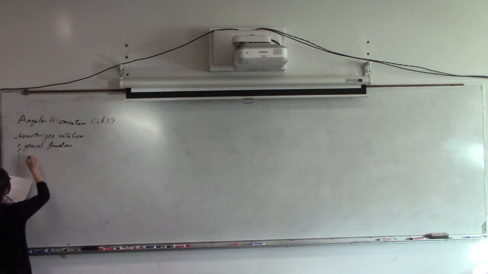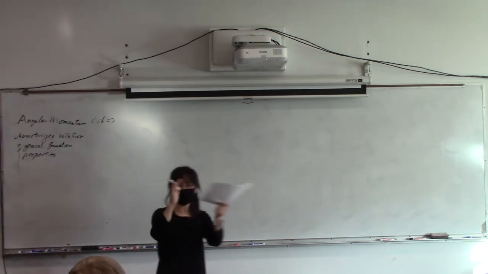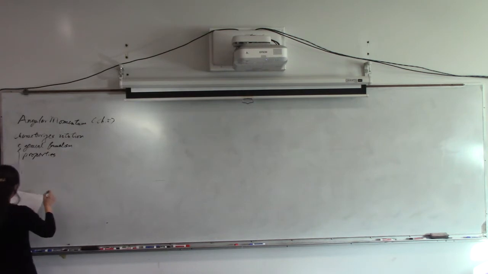Cool. I'm not sure if that's going to be in chapter 5 or if that's a next semester thing. Next semester. Gotcha. That is addition of angular momentum. Okay, good. Thank you.